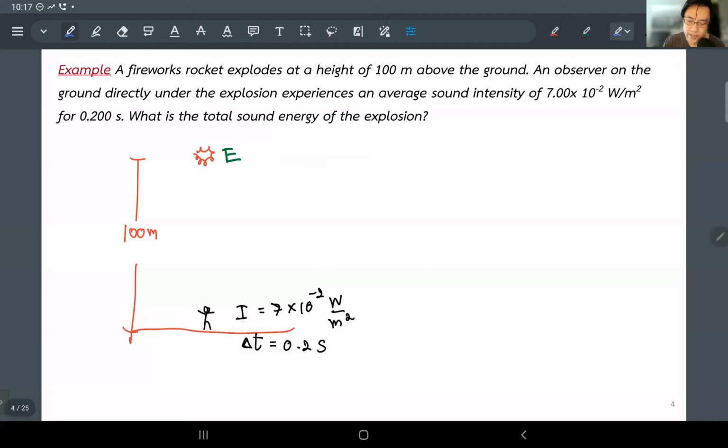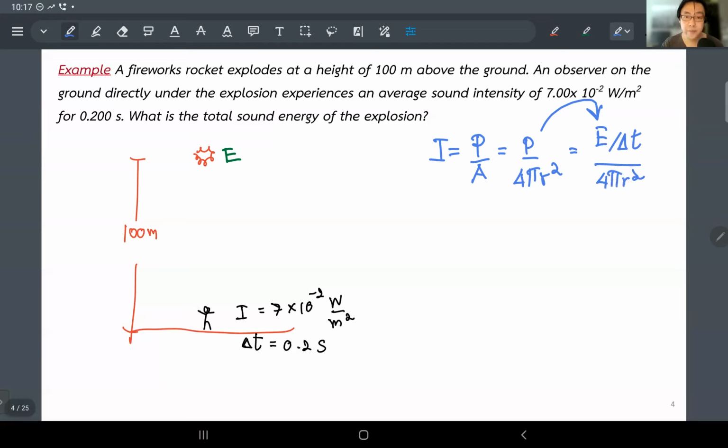Using that expression, intensity is power per unit area. Right now we can assume that the source is a point source, so you can use 4 pi r squared as the area over which this energy gets distributed. Because the power itself is just the energy per unit time, you can express that power as the energy delivered divided by the amount of time.